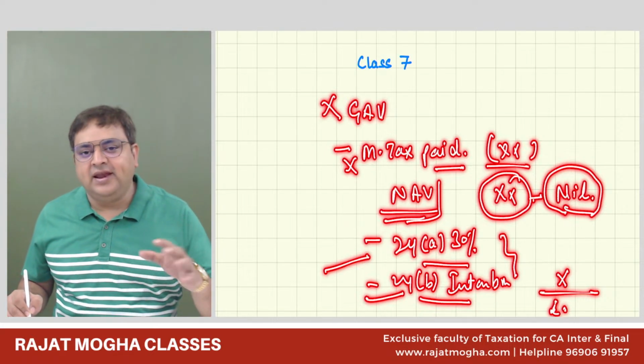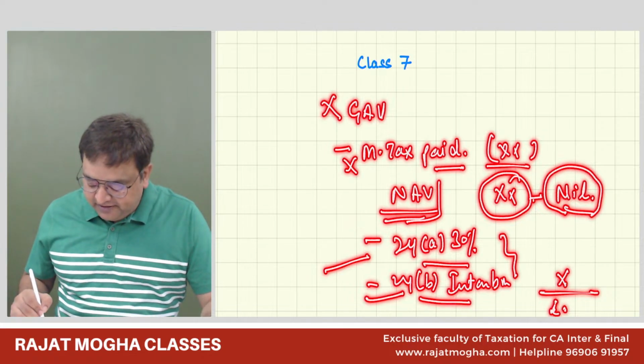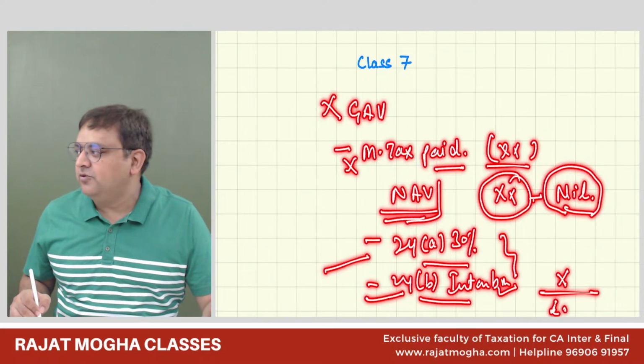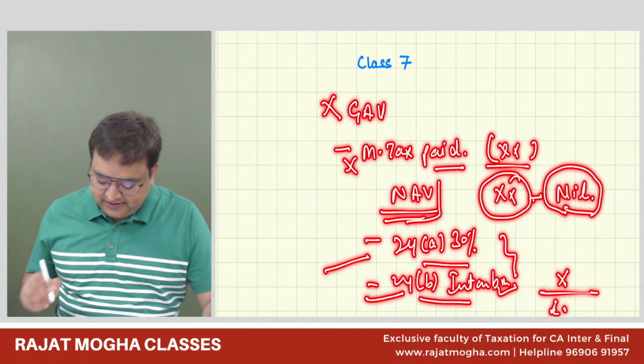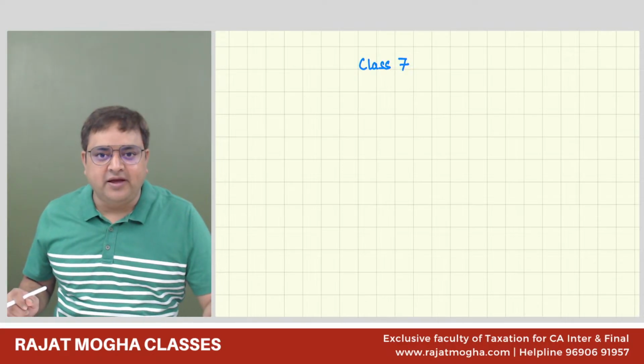For let out, we can allow it, but for self-occupied, we don't allow in default regime. But in optional regime, we can allow maximum 2 lakh rupees. But if it is for repairs, renovation, etc., the maximum is how much? 2 lakh or 30,000? 30,000. Correct. So this is the basic structure of a house property computation.